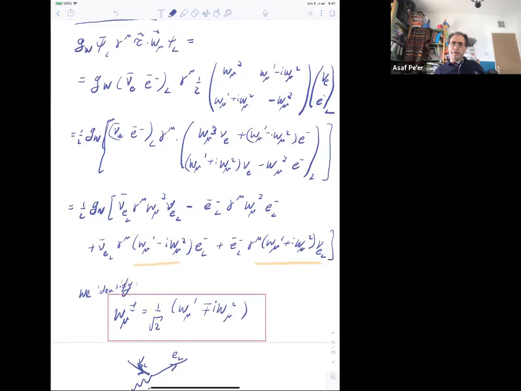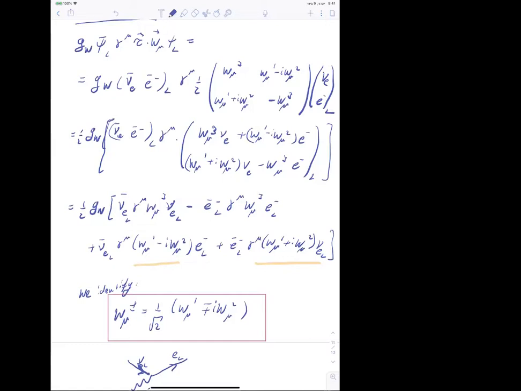I've lost all of you by now, huh? Where is the Z? Come on. Isn't the Z neutral? Isn't that the neutral one?